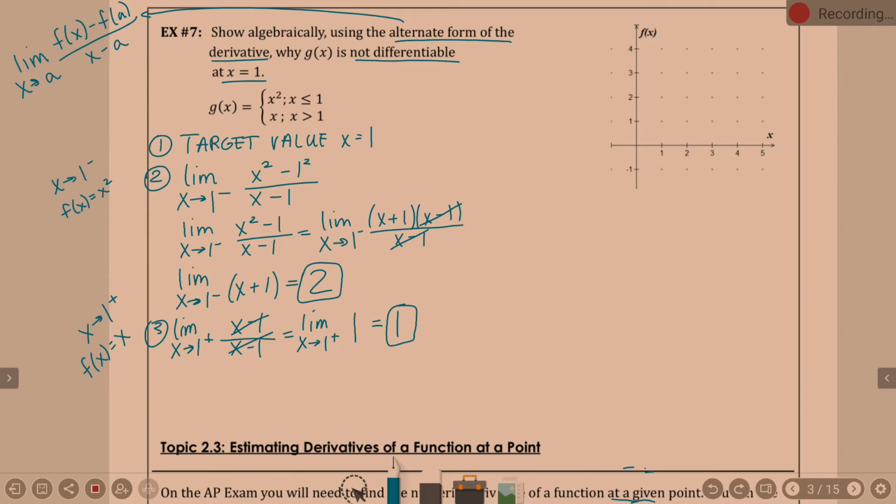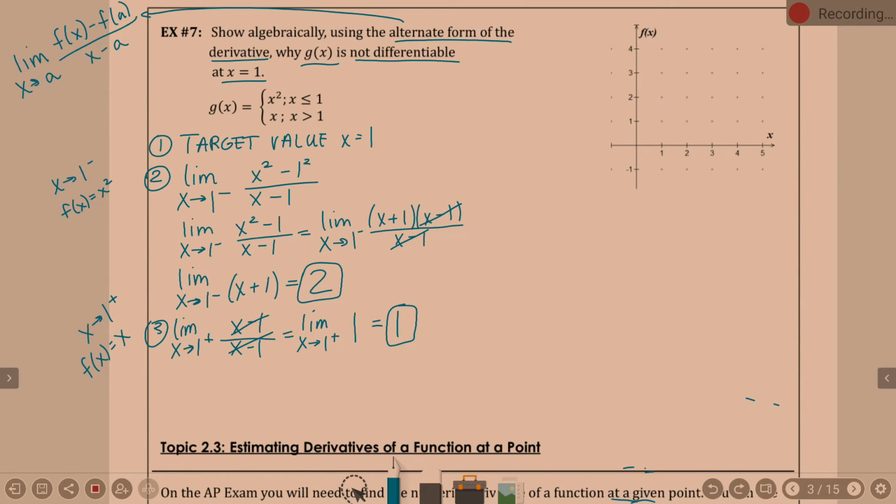Okay? Now, show algebraically why it is not differentiable. Did I just do that? Yes, I just showed that. It was g of x up here.